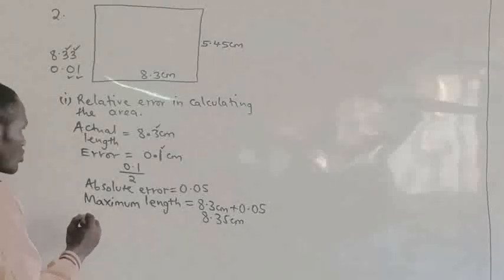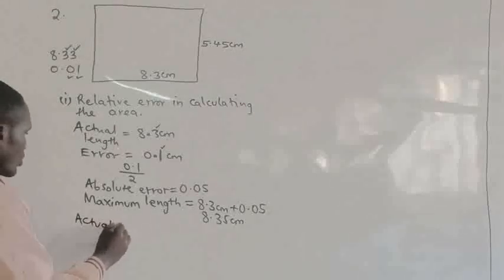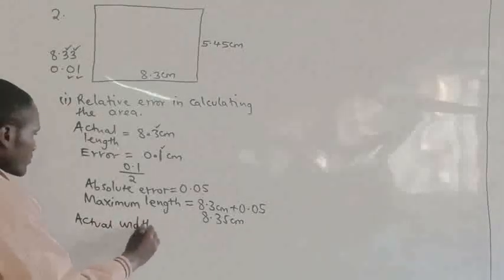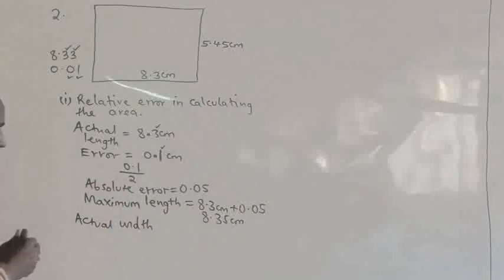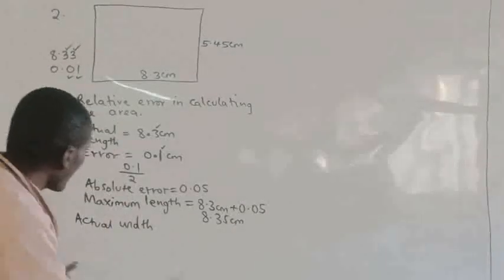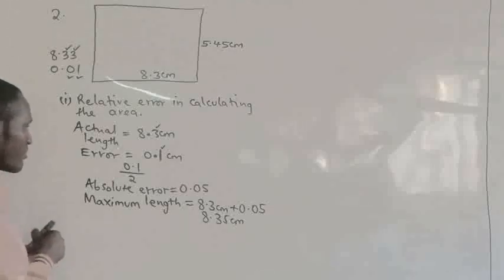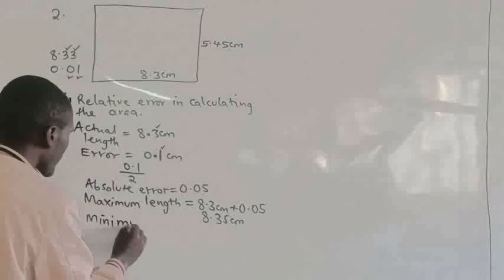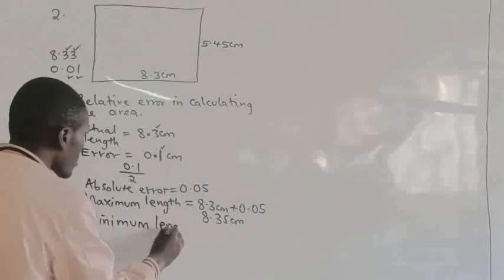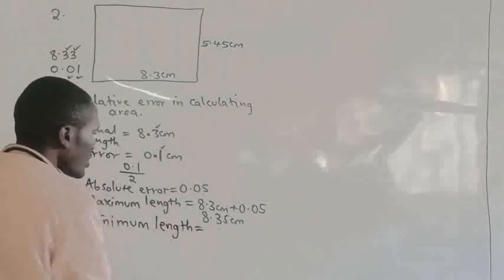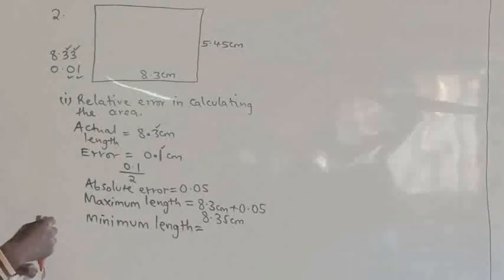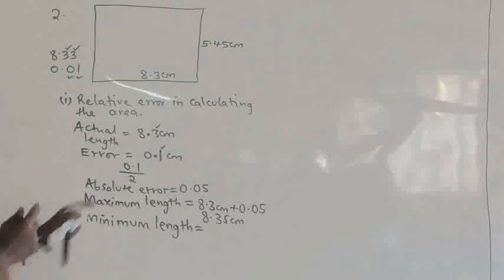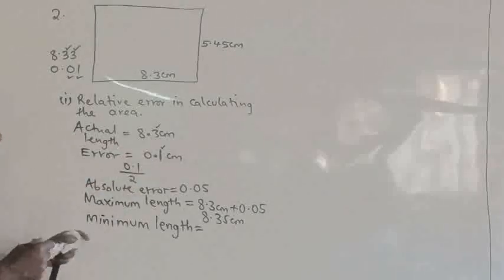Let's go to something else. We are going to call the actual width. And before I go to the actual width, I can also get what we call the minimum length. So then how do I get the minimum length? Because we expect an overestimation or an underestimation in the measurement of that length. So you can either have a higher value than 8.3 or a lower value than 8.3.